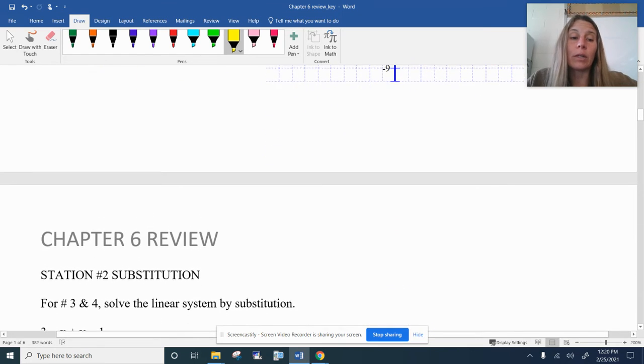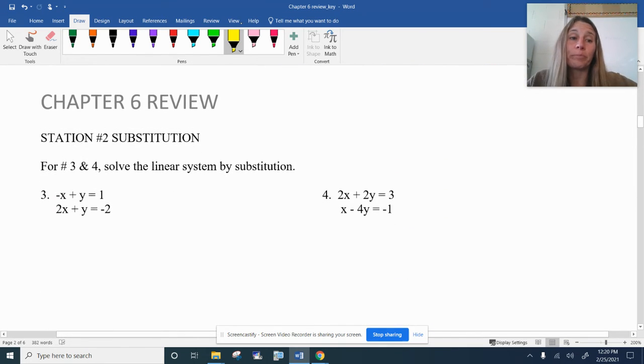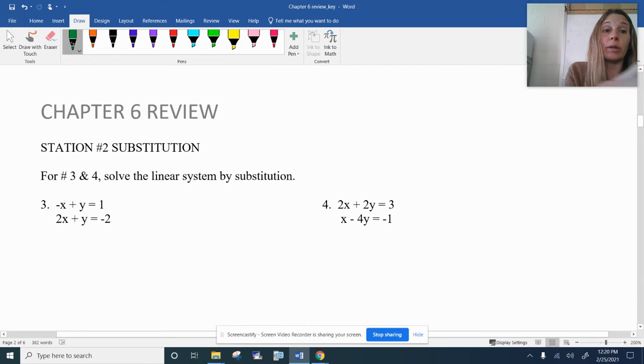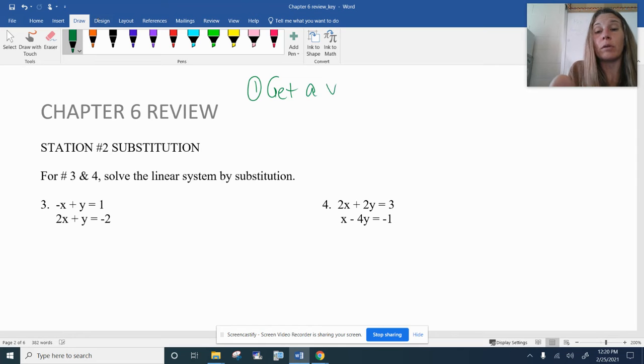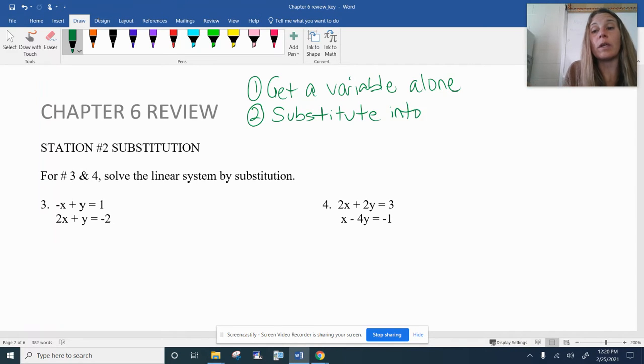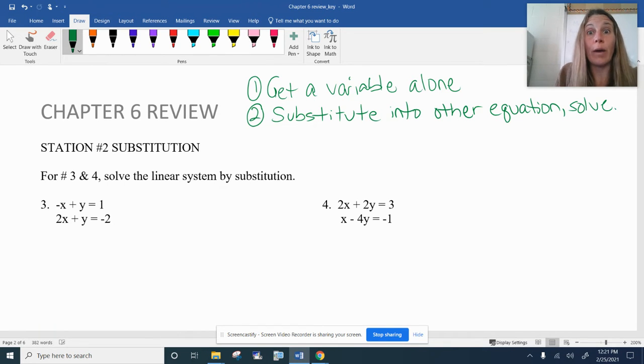Now the second method that we're going to discuss is the substitution method. So there's 3 general steps to our substitution method. First, get a variable alone. Second, substitute into the other equation that you didn't use yet and solve for whatever variable you have.